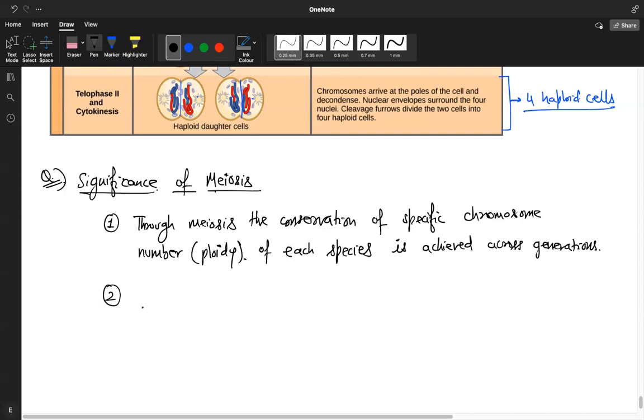Yes, the second thing is variability. So write down, meiosis increases the genetic variability, the genetic variation, genetic variability in the population.